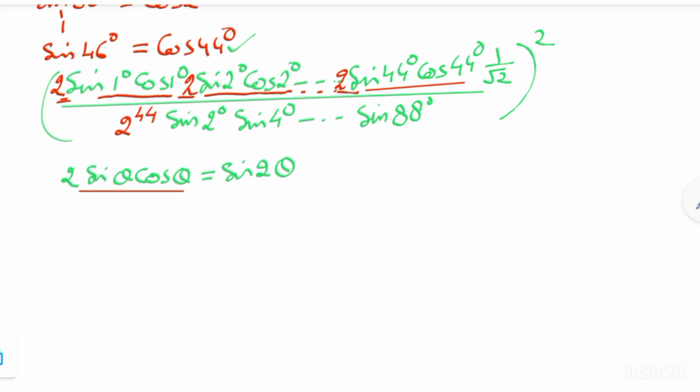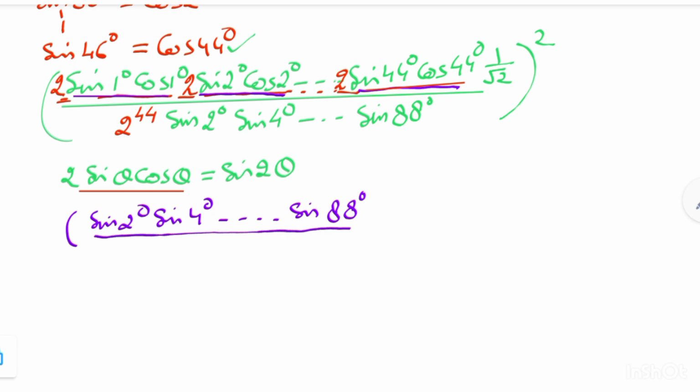Now we will substitute the values. So we will get sine 2 degree, sine 4 degree, and so on to sine 88 degree, divided by 2 to the power 44 into sine 2 degree, sine 4 degree, and so on to sine 88 degree whole square, and 1 by root 2 was also there.